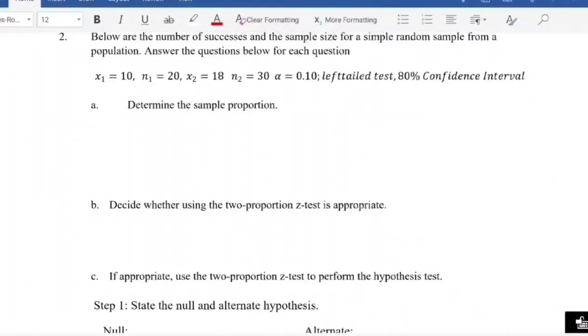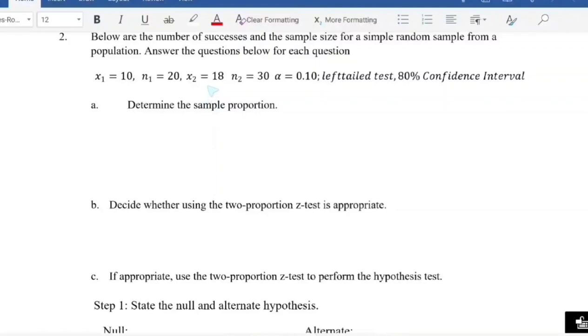So we just have to use these values to set up the problem and answer the questions. All right. So here it says x sub 1 is 10. So that means the population 1 sample that responded yes is 10. N sub 1, the sample size of population 1, is 20.